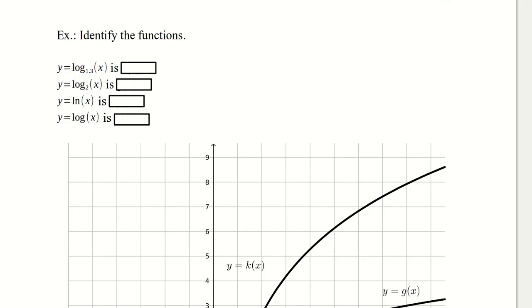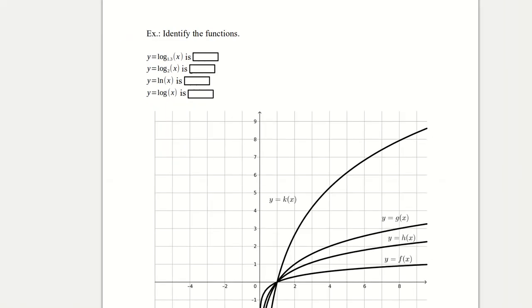Finally, we're asked to identify each of these graphs by using the base. So we can compare these graphs and see that one grows fastest and one grows much slower. So for example, this uppermost graph, k of x, must be the inverse function of the graph that grows the slowest. And 1.3 to the x grows the slowest among the bases that we have here.